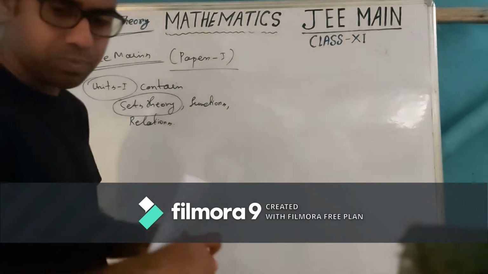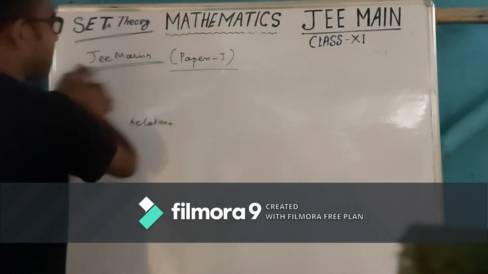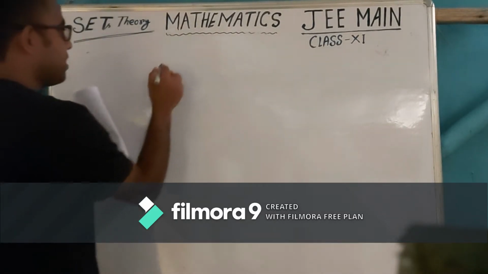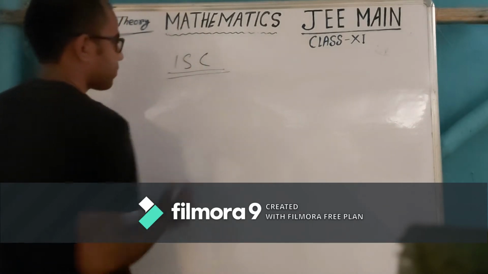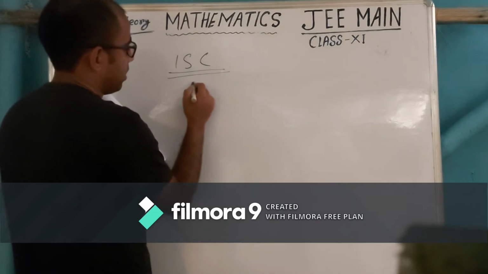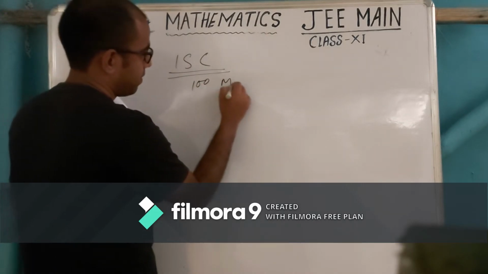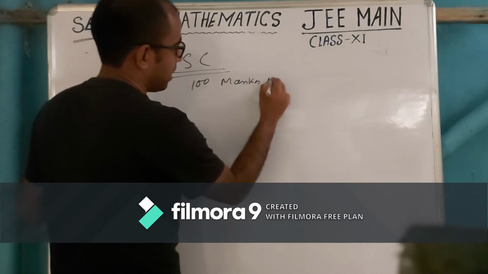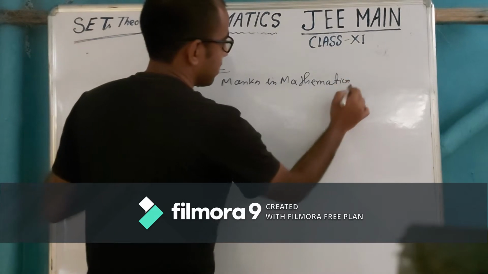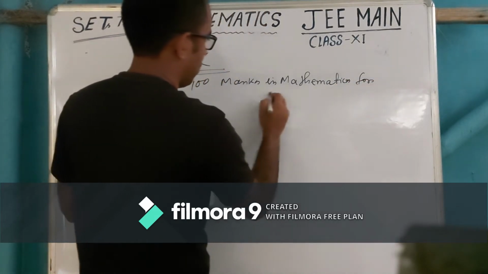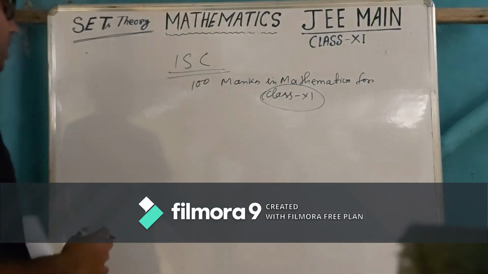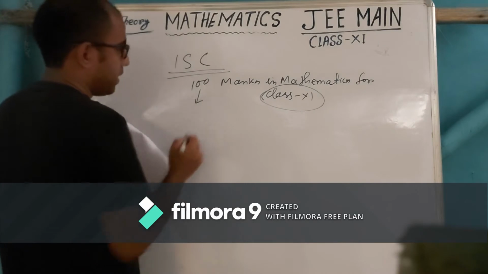Next we discuss the ISC syllabus. The ISC syllabus contains 100 marks in mathematics for class 11, and this is divided into two parts.